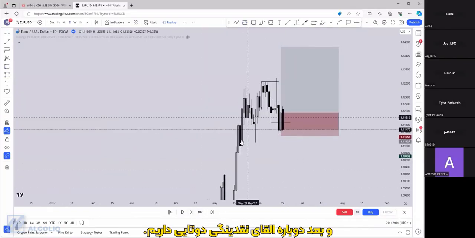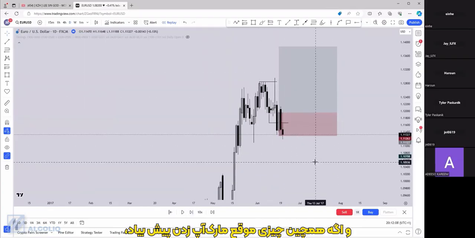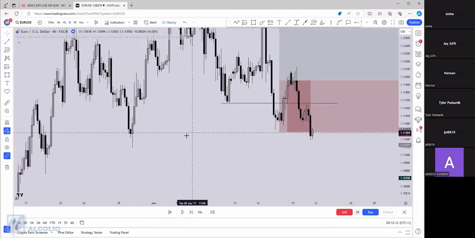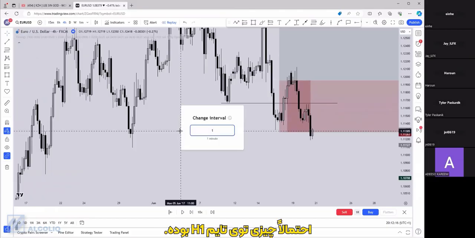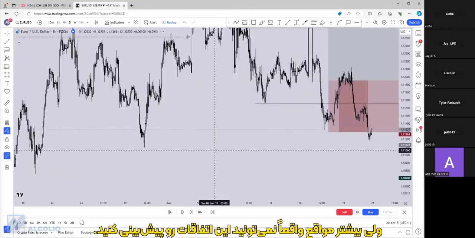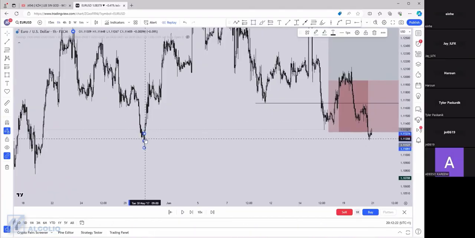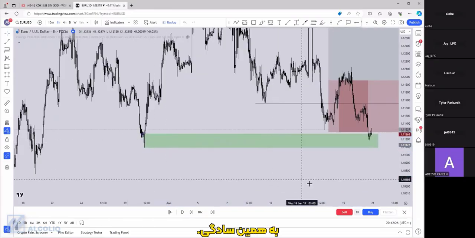Right? And then you have a double inducement. And if something like this happens when you're doing markups, let's go to lower time frame and you'll see why. So we had an OB maybe that was stopped, so it must have been something on H1. But most of the time you cannot really predict those things happening. So it was just this, as simple as that.